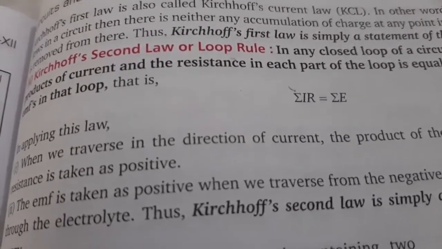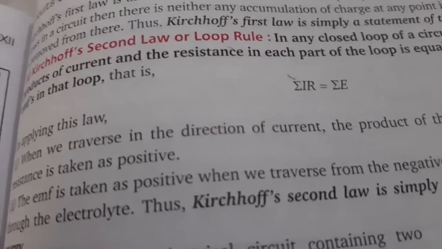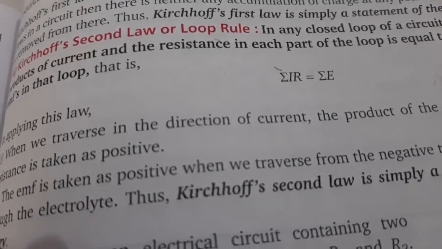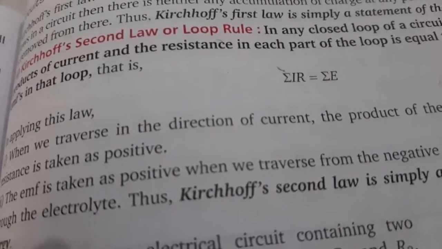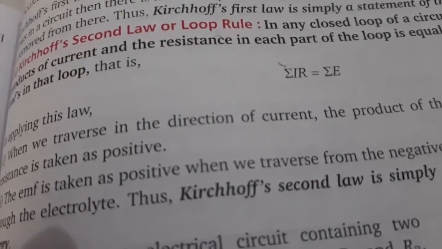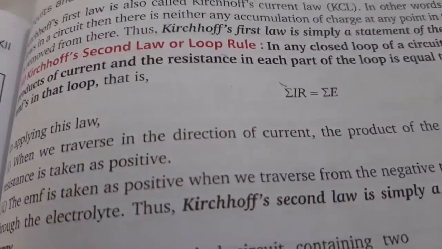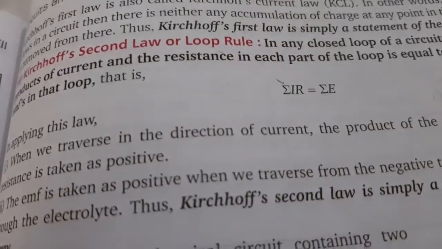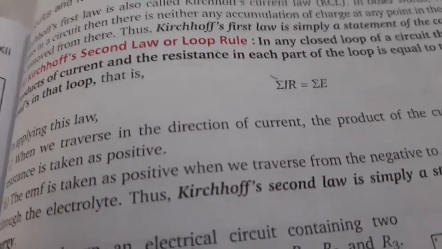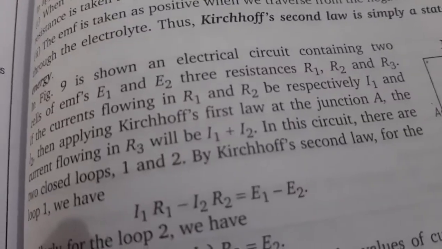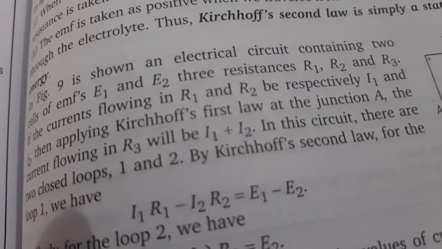So in a loop or, more precisely, in a closed circuit, the total potential difference across the ends of a resistor, across the plates of a cell, and across the plates of a capacitor will be 0.